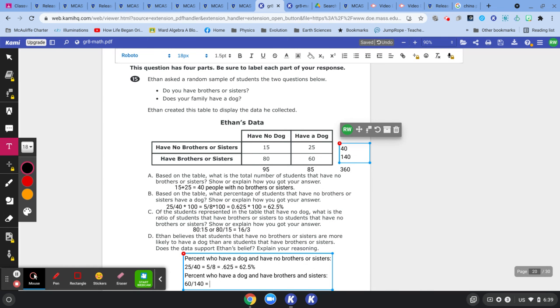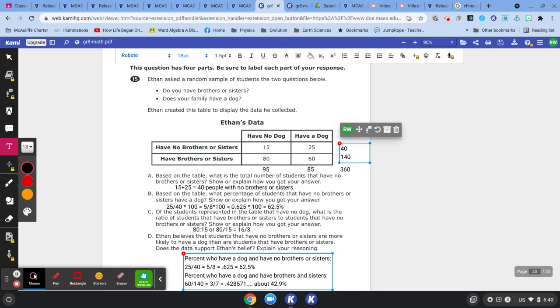So that's going to be 3 out of 7, which is approximately 0.428571 repeating. Okay, and then we'll just round that to 0.429, about 42.9% when we move the decimal to the right 2 places.